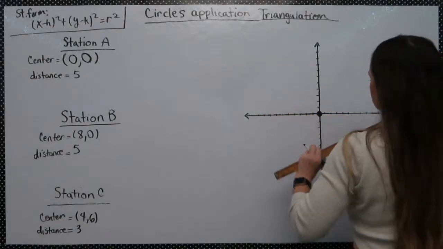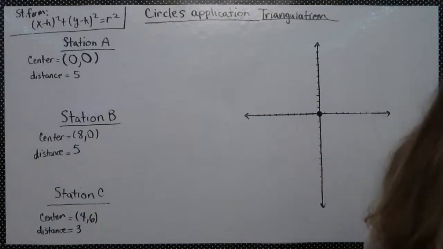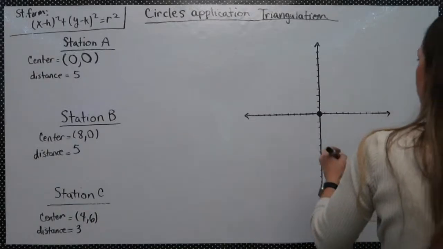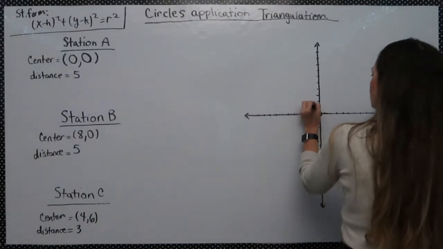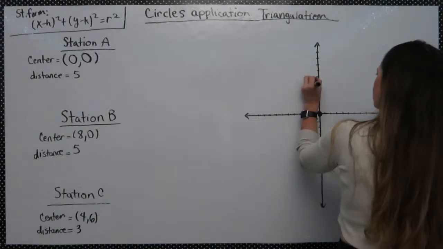I think that's pretty even there. Okay, so we're going to go out 5: 1, 2, 3, 4, 5.